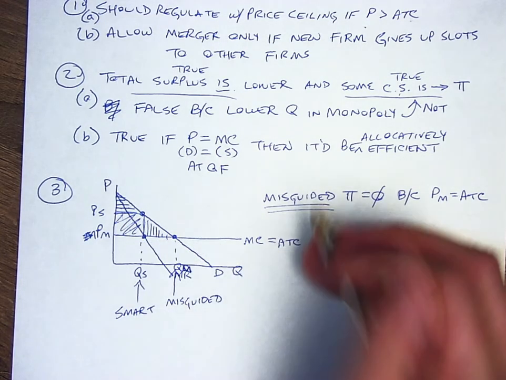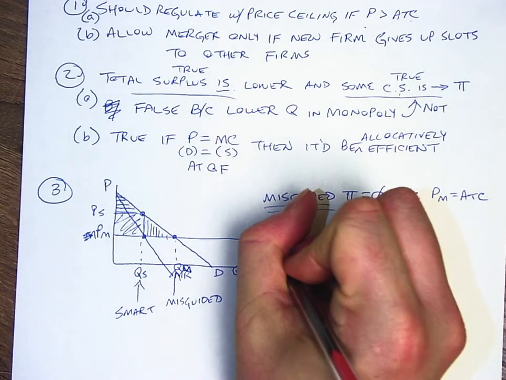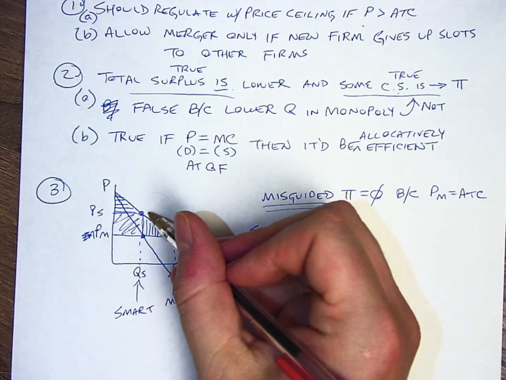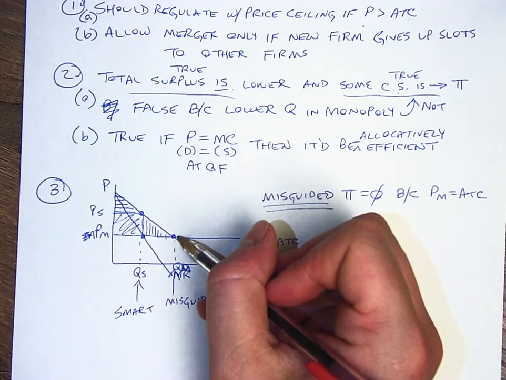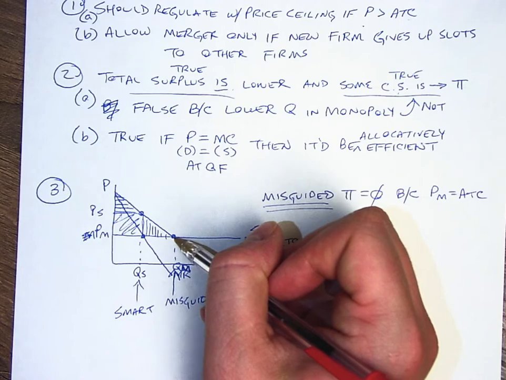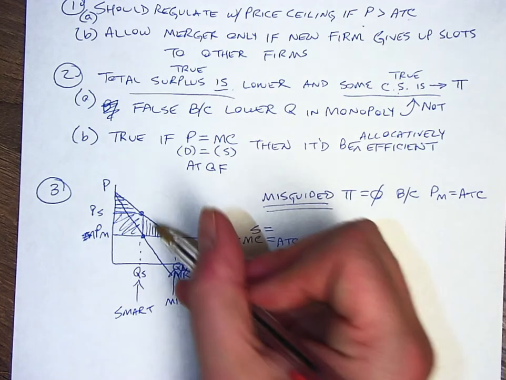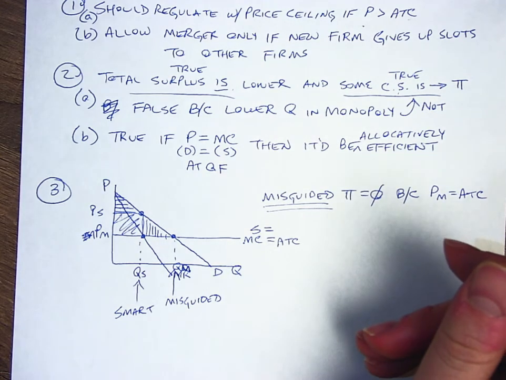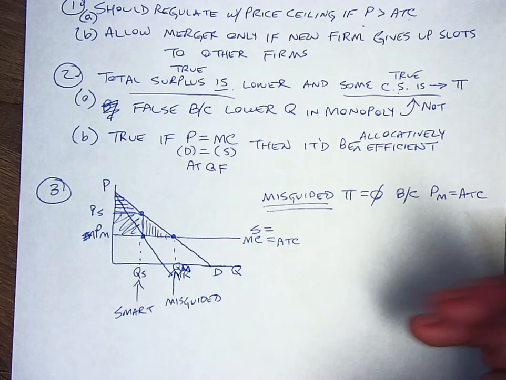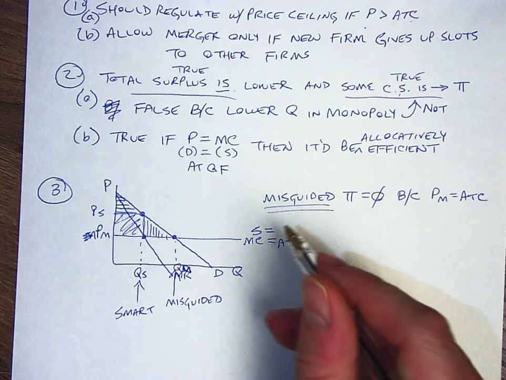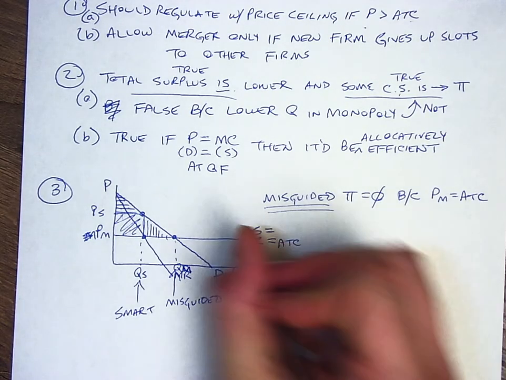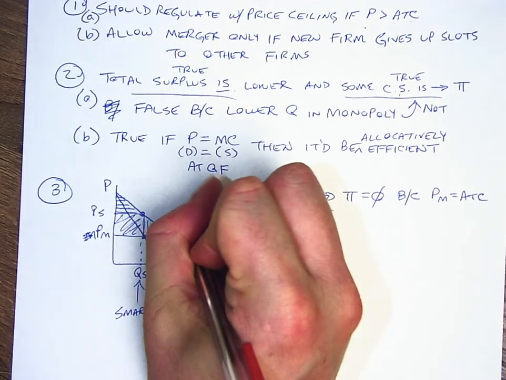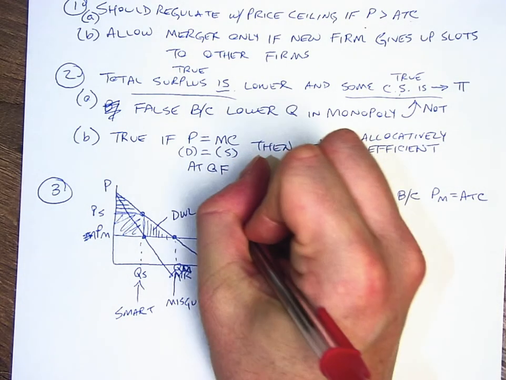It's the area above the supply curve, since this is the supply curve, up to the price that the people are willing to pay, up to the demand curve. So all of this total surplus is actually consumer surplus, for the misguided one. The deadweight loss is this one, if you're talking about the smart one.